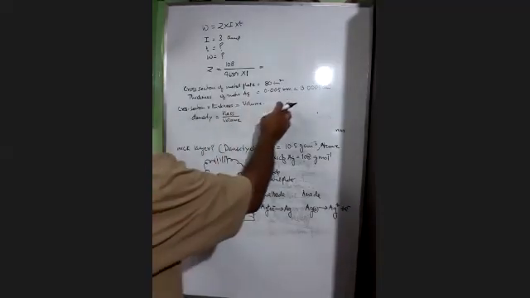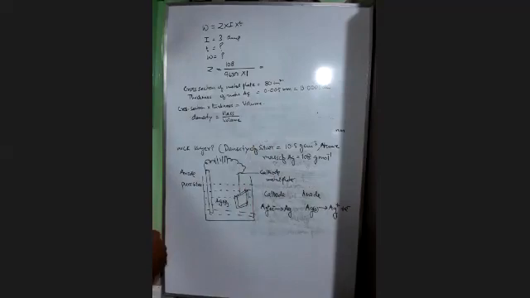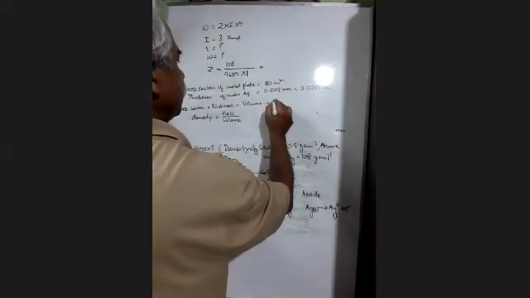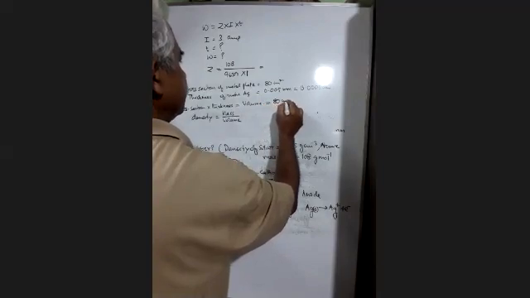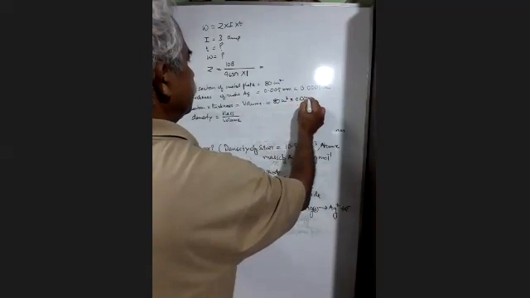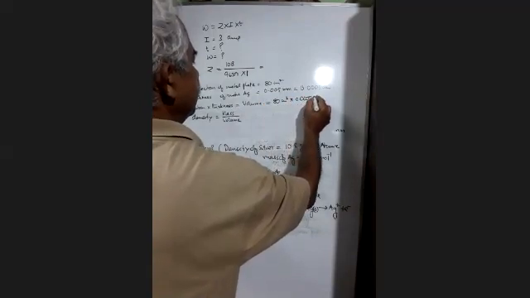So volume is equal to what? 80 cm squared into 0.005 cm.